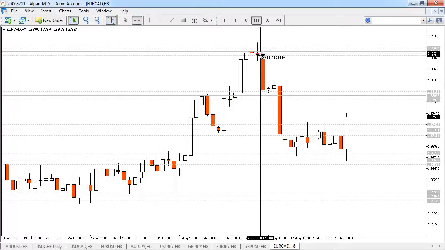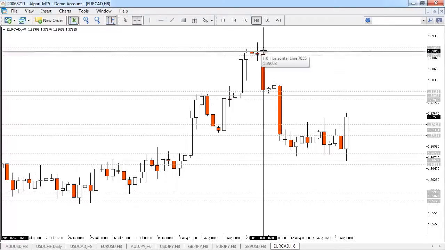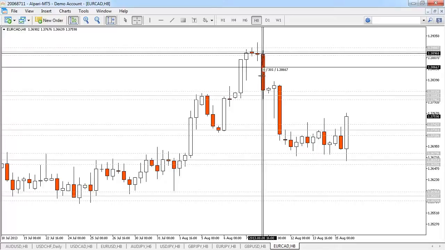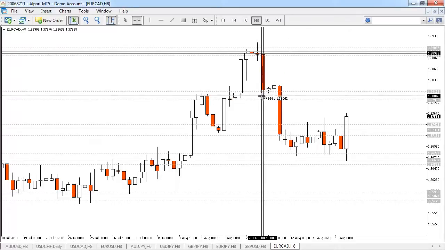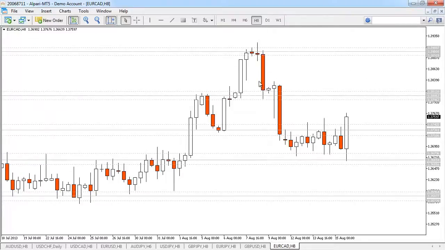If you get a good entry, then you throw your stop loss up to a reasonable level. I mean, 30 pips is a very, very tight stop on Euro CAD. When you're targeting something like 90 pips, it's a 3-to-1 ratio. So the stop loss is around about 30 pips, even less than that, something like 25 or so pips.